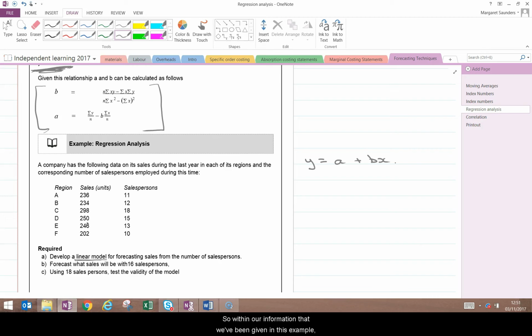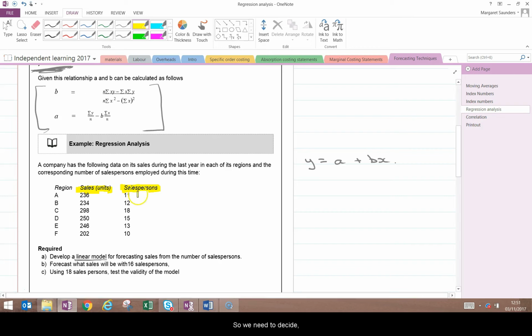Within the information that we've been given in this example, we're using salespersons and sales. One of these will be x, the independent variable, the other will be y, the dependent variable.